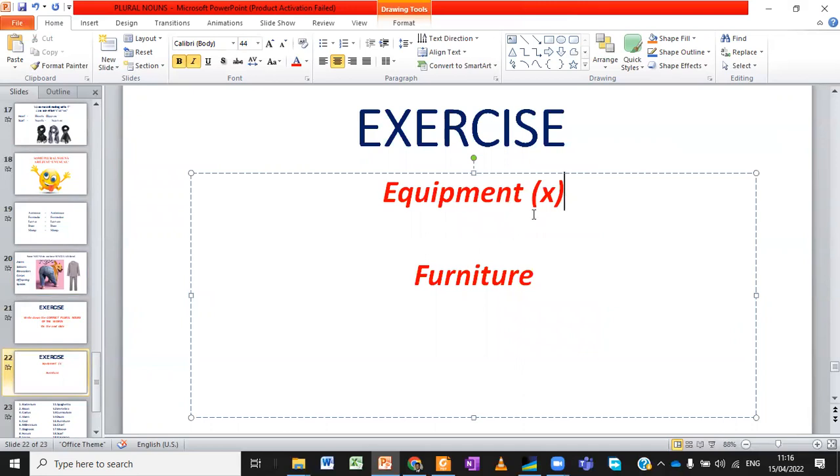What about furniture? No furnitures. Should I add an S? Actually, there is nothing like furnitures. So we have equipment, we have furniture. No singular, no plural, just a word.